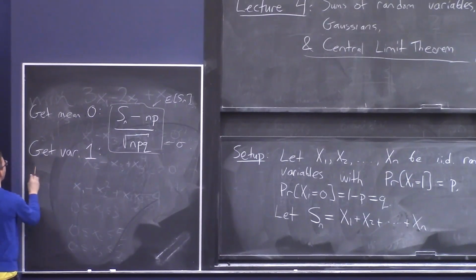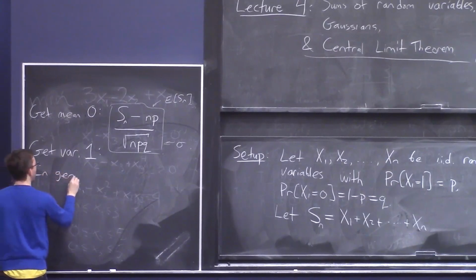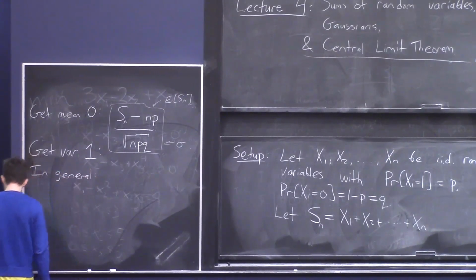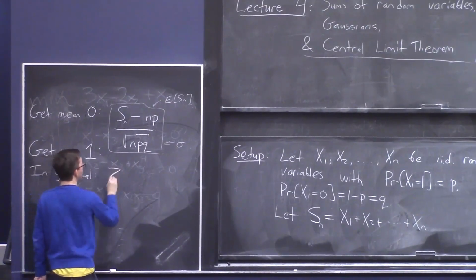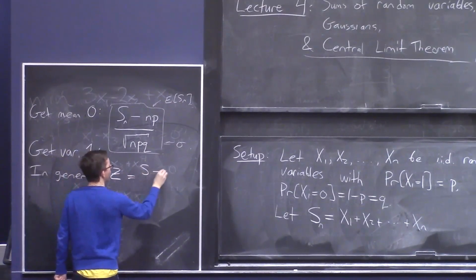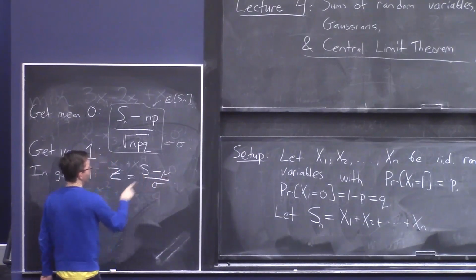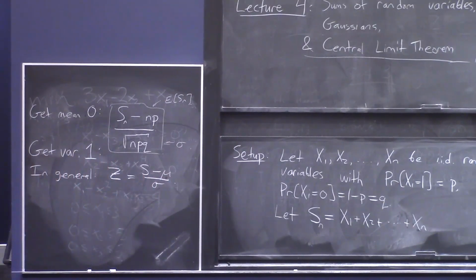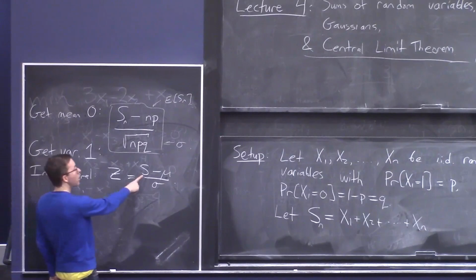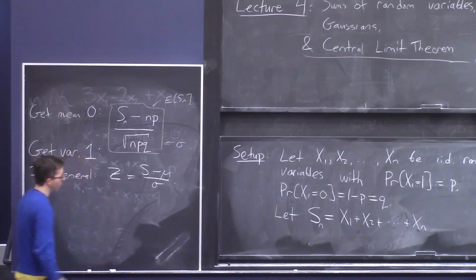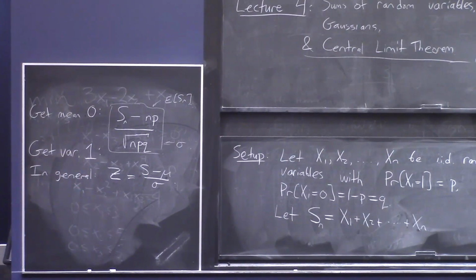Okay, so in general, if you have any random variable, you might define Z as the standardized version to be S minus mu over sigma, where these are the mean and standard deviation of S. Okay, and that's great because it's a convenient mean and variance to have, and it doesn't lose any information at all about the original random variable. So if you really care to understand everything there is to know about S, it's necessary and sufficient to understand everything there is to know about Z.